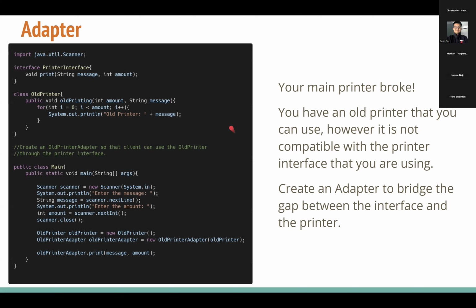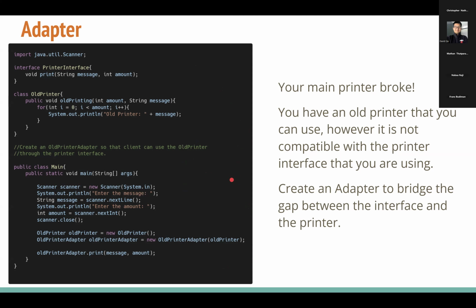So in this code, there is a printer interface with the method print. And then there is also an old printer that is not compatible with the current printer interface. So this one has a method oldPrinting instead of print, right? But then in the client side code, we want to use the printer interface instead.